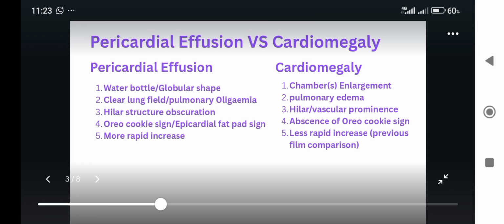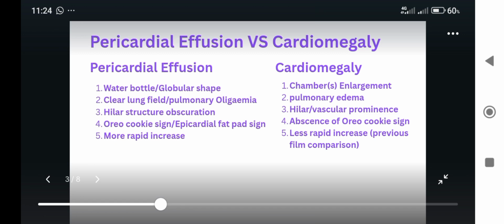And this is the Oreo cookie sign, the epicardial fat pad sign. In cardiomegaly, you may not see that. The Oreo cookie sign is appreciated on the lateral chest X-ray. The other difference is that in pericardial effusion, the increase is more rapid.